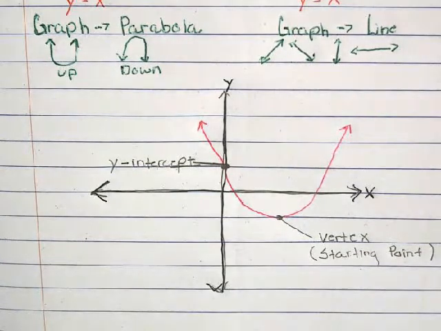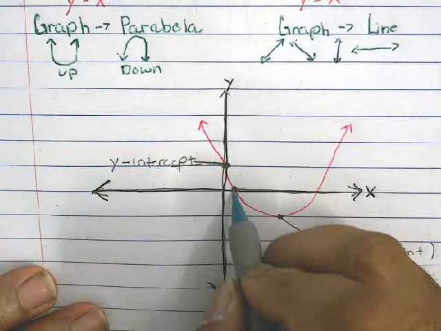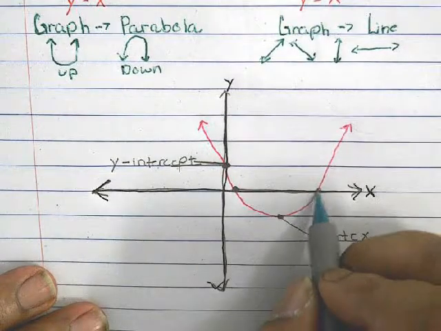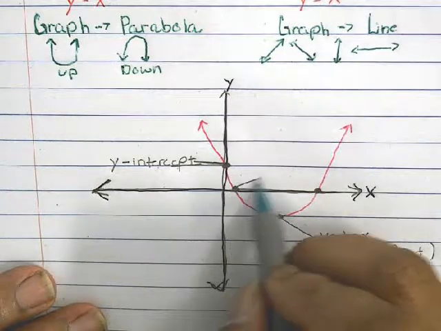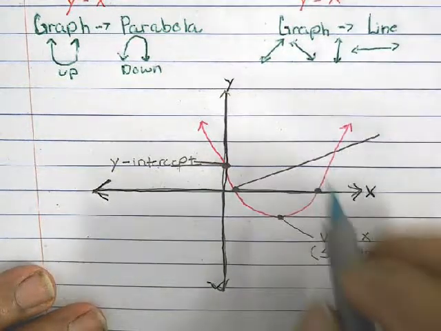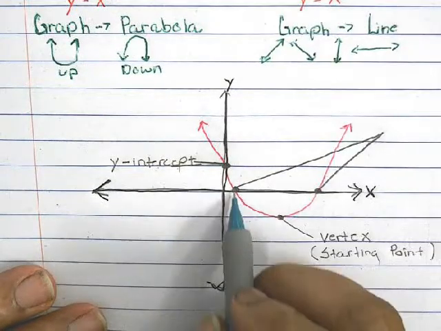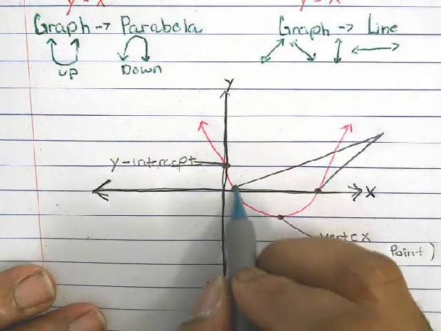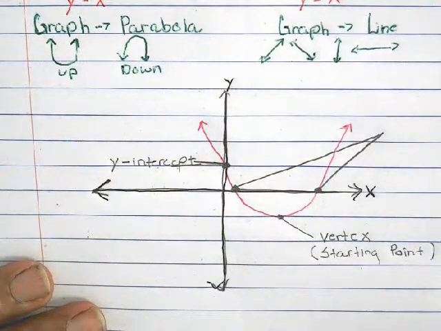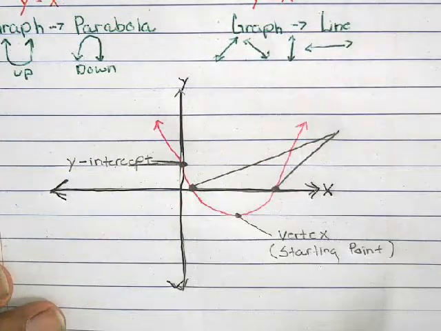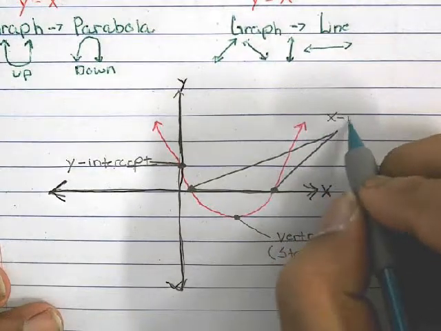Now, we've talked about these 2 points here. Where the parabola crosses the x-axis. Put those points there, make it a little bigger. Where it crosses the x-axis is called the x-intercept.